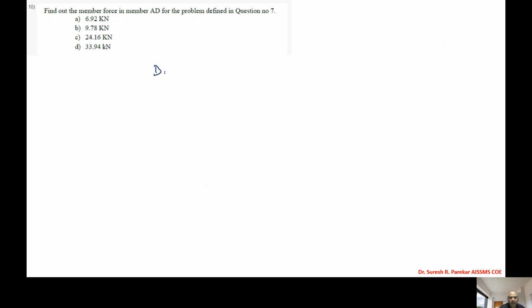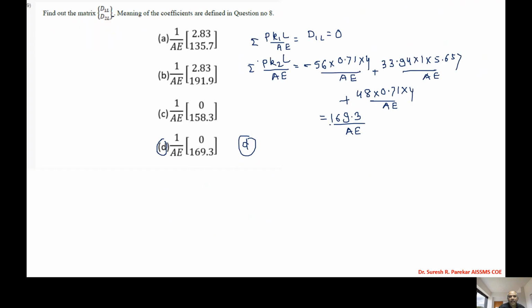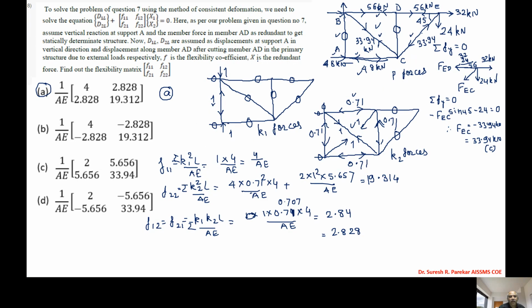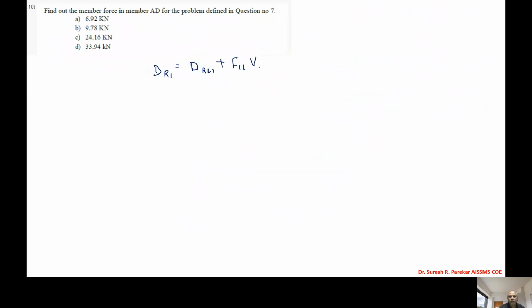And then from this we have to solve for the force in member AD. So now we have DR1 equal to DRL1 plus F11 into reaction, we can see the reaction we have considered at A, so VA, plus F12 into force in member AD.